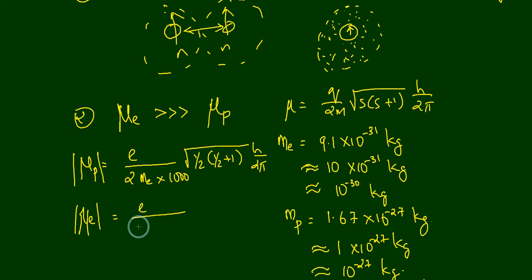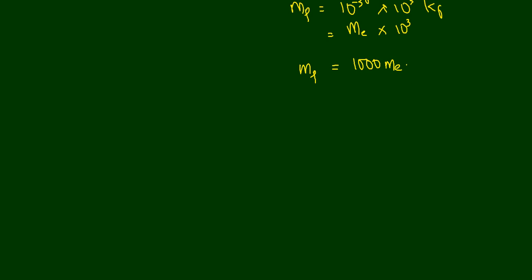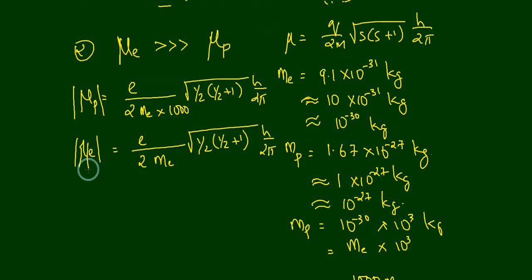So e divided by 2m, where m in the case of the electron is me, into root of S into S plus 1. The electron's spin is half, into half plus 1 into h divided by 2 pi. Okay, so we can write it like this. Now we go to the magnetic dipole moment of the proton expression.